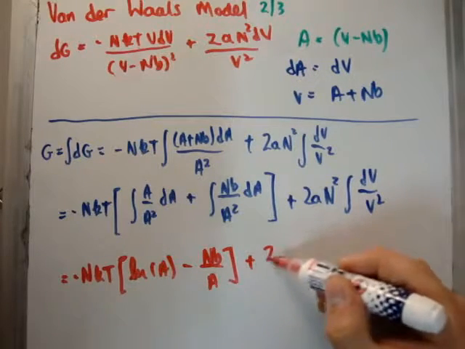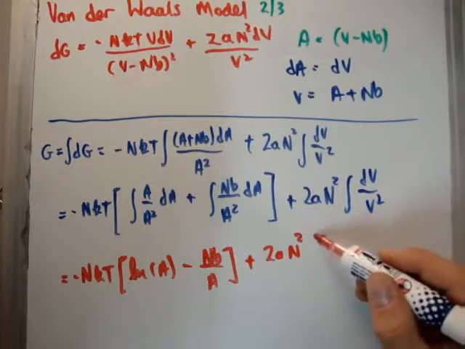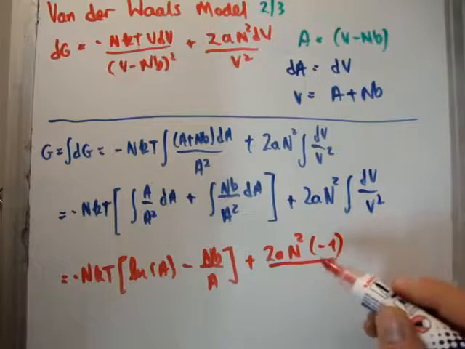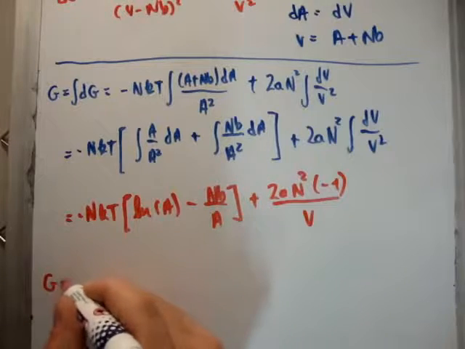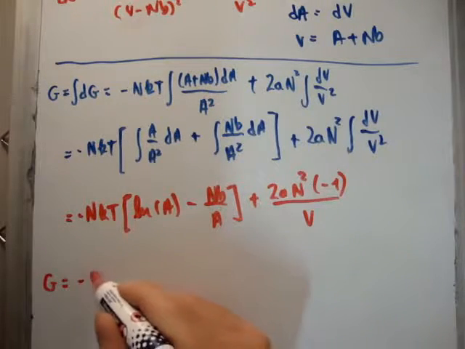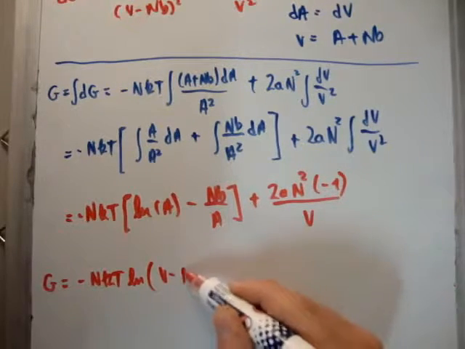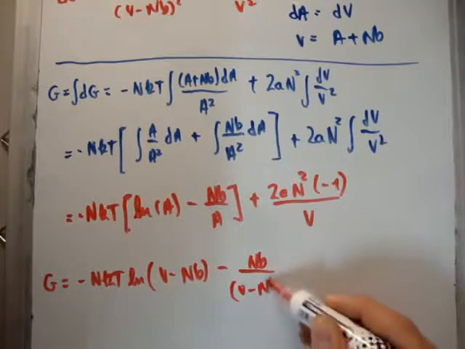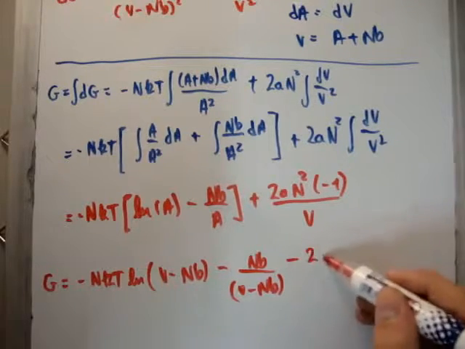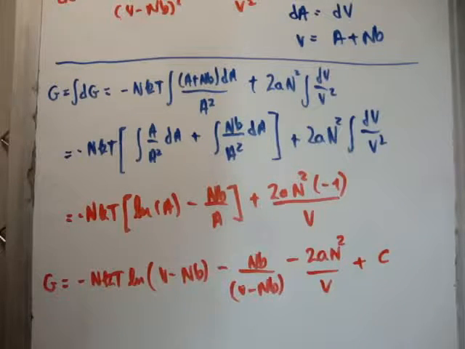We have plus 2a n squared times minus 1 over V. And putting it all together, we get the Gibbs free energy associated with the van der Waals model as minus nkT, the natural logarithm of (V minus nB), minus nB over (V minus nB), minus 2a n squared over V plus, of course, an integration constant. And that's the Gibbs free energy associated with the van der Waals model.